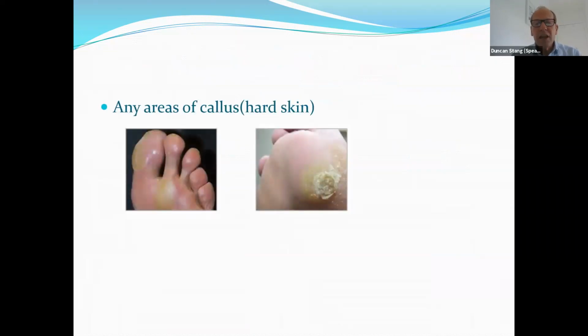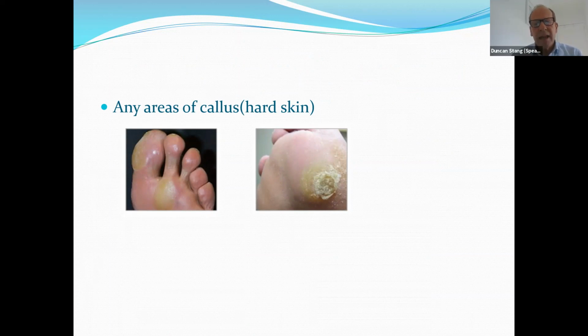The person checking your feet will also check for any areas of callus or hard skin. When I mean callus or hard skin, I don't mean just a small amount of dry skin around your heel or something. I mean actual areas of hard skin like you can see here.